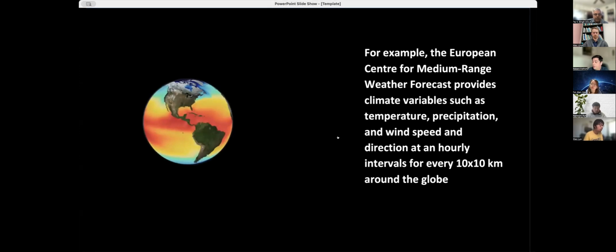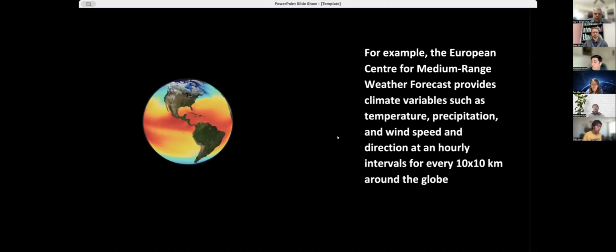So, for example, reanalysis data, which is from the European Centre for Medium-Range Weather Forecasts, takes all of this data and fills in the gaps that the data may have through climate models. And some of the variables or outputs that ERA5 produces are temperature, precipitation, and wind speed and direction.